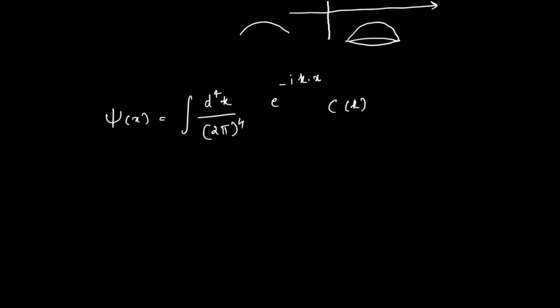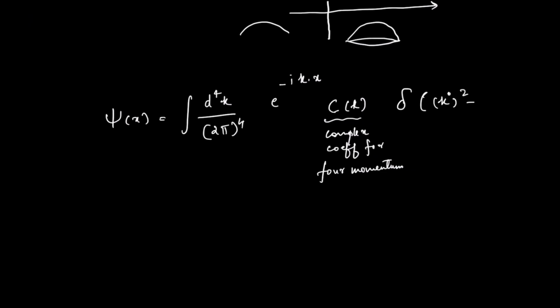So let's define it by C. This is the complex coefficient for momentum, and there will be a Dirac delta which will be of this form.